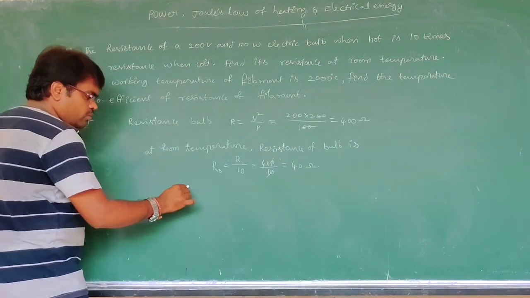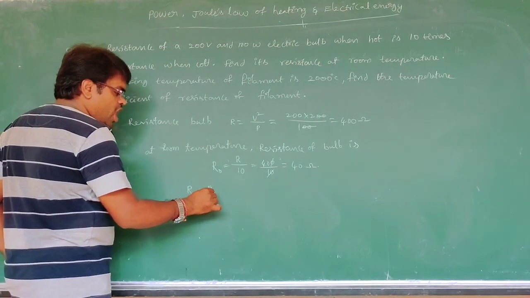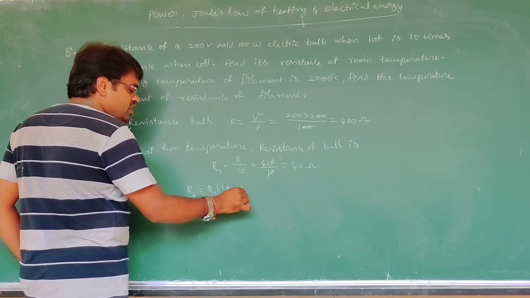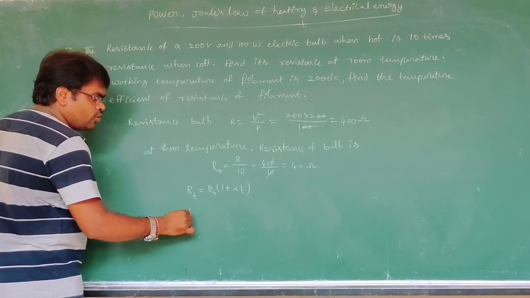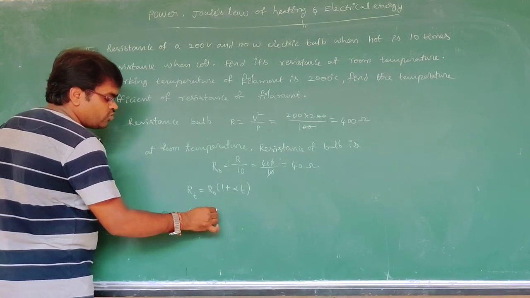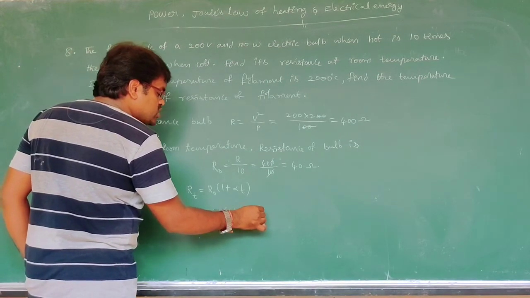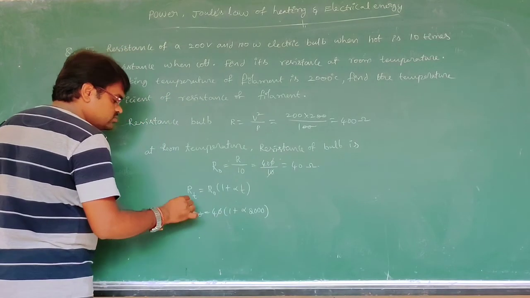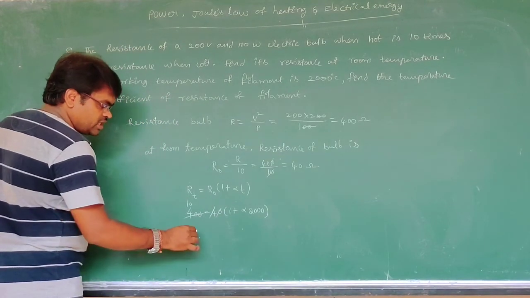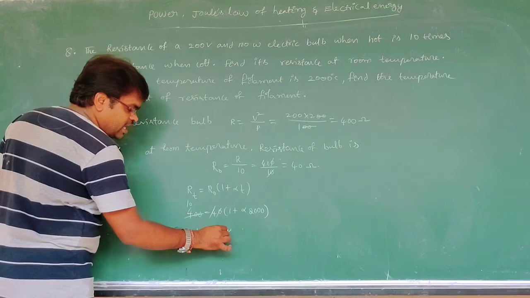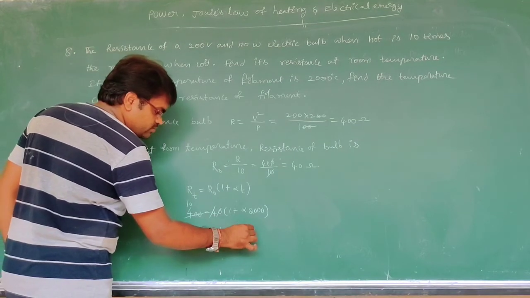Then what formula do we write? RT is equal to R naught into 1 plus alpha T. Just substituting here, 400 is equal to 40 into 1 plus alpha into 2000. So 10 is equal to 1 plus alpha into 2000.